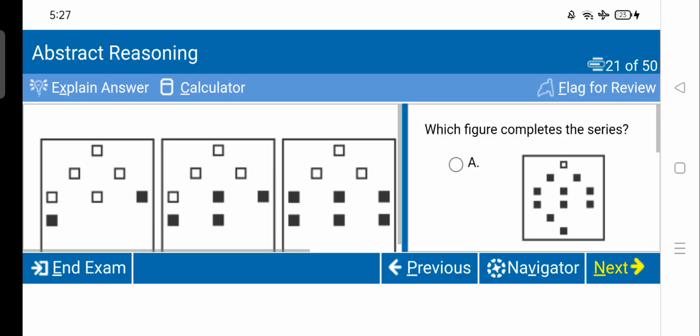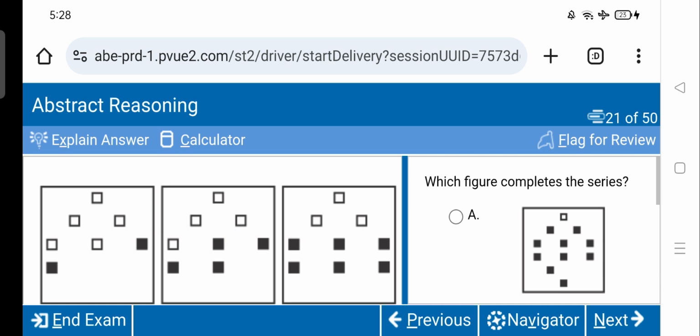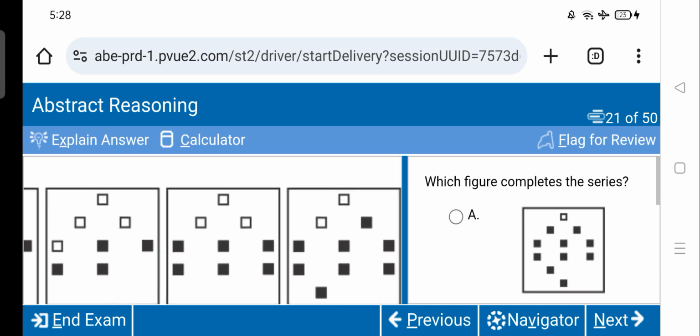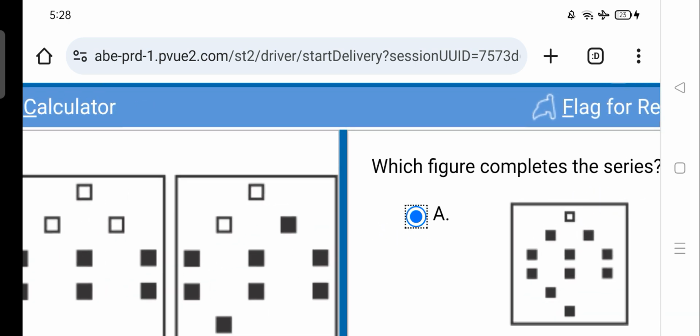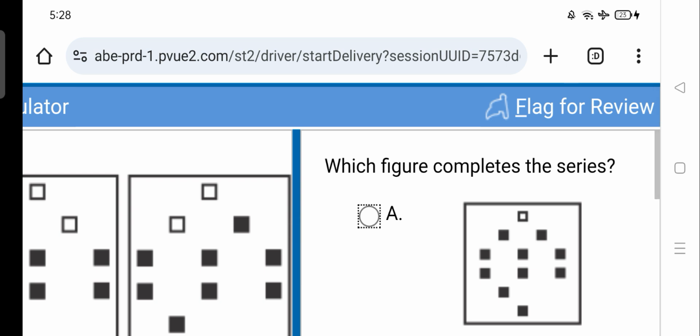Next question we have is question number 21, with a different set of shapes. So here we have not a set A and not a set B, but only four shapes are given. And the question is, which figure completes the series? For option A, we have this set of shapes.